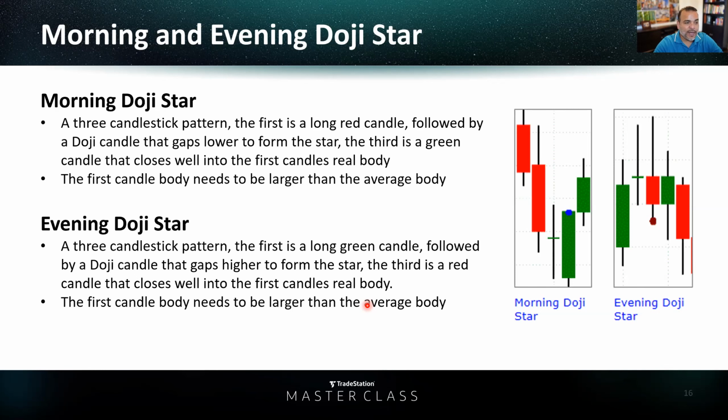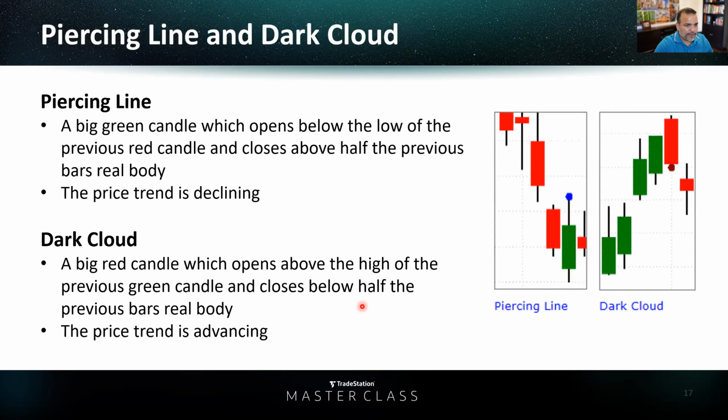But there's a lot of things going on in here and a lot of different patterns that you can identify inside of your charts. We have a piercing line and a dark cloud. In a piercing line, we have a big green candle, which opens below the low of the previous red candle and closes above half the previous bar's real body. Some of these conditions can get really technical, and the price trend is declining.